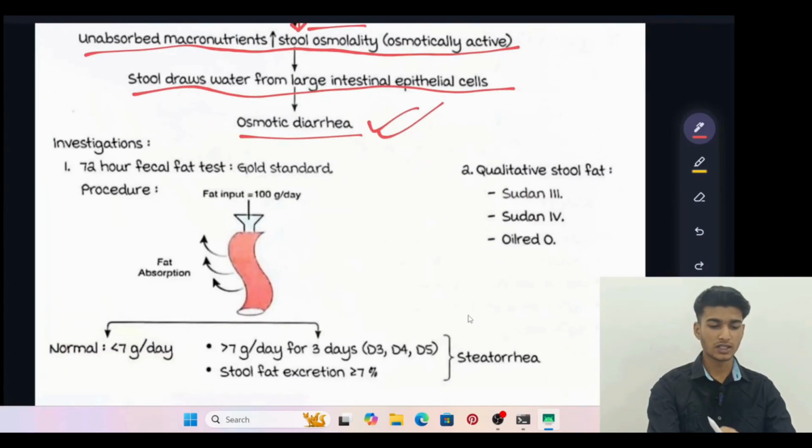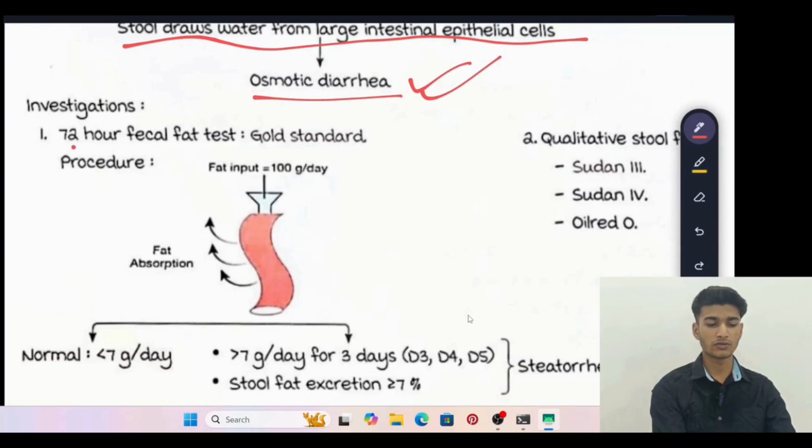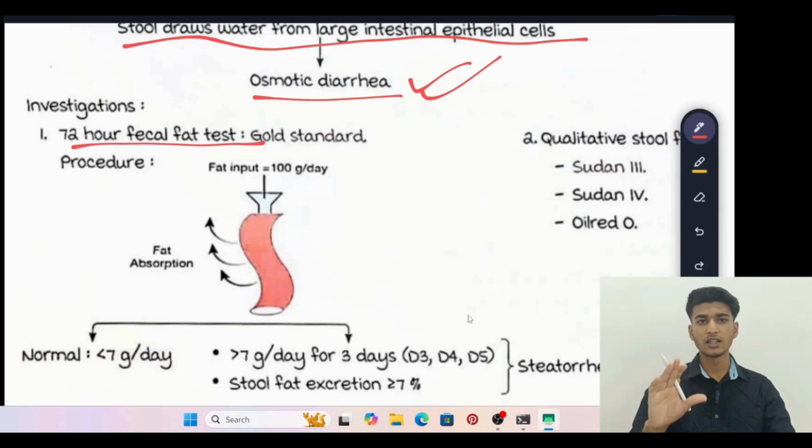For that investigation, we have the 72 hours fecal fat test. It is the gold standard test. Here, you will feed the patient 100 grams of fat for 5 days. Continuously you will feed him 100 grams of fat, and you will start checking the stool from the third day.